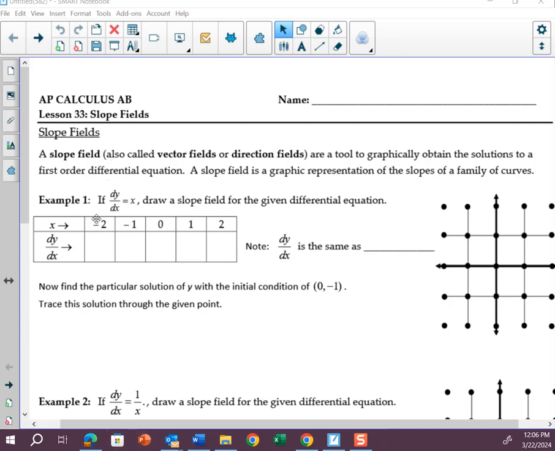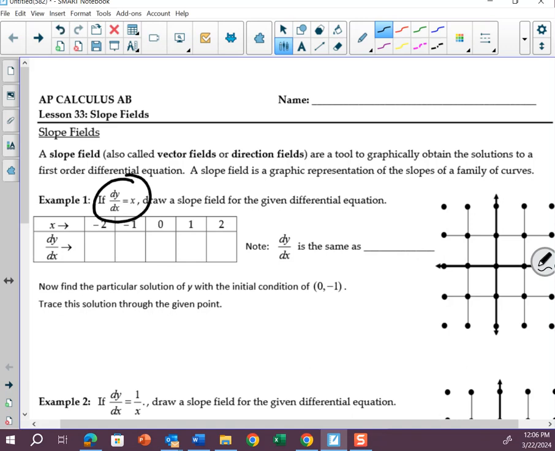All right, so let's take a look at a really simple differential equation, and we'll make a really simple slope field to kind of get the idea. And that's the differential equation that says dy over dx is equal to x. Okay? dy over dx is equal to x.